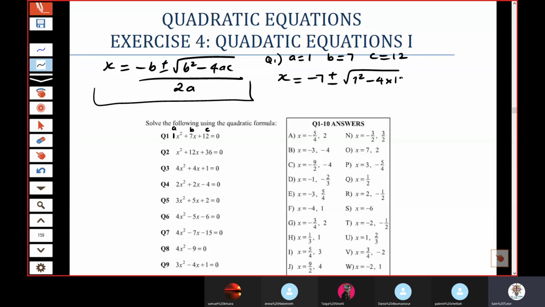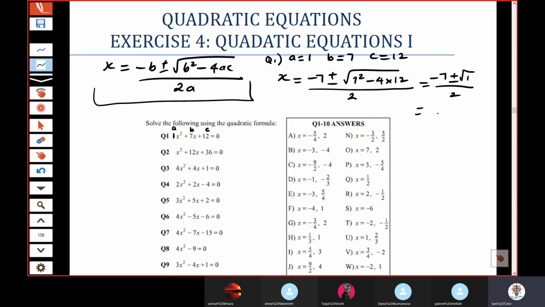That's useless. So I agree with you. 4 times 12 all over 2 times 1, which is just going to be 2 anyways. 49 take away 48 is 1. So only put the inside of your square root in. It's better to learn it that way. So that becomes negative 7 plus minus square root of 1, which is obviously 1.